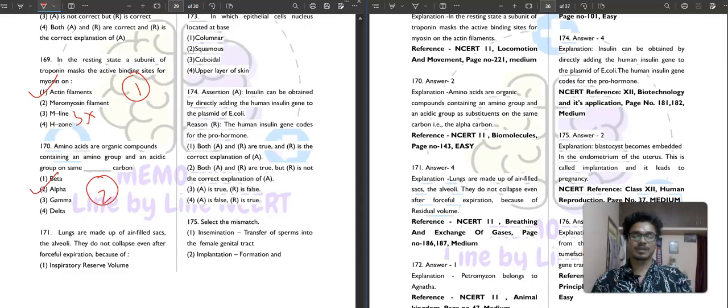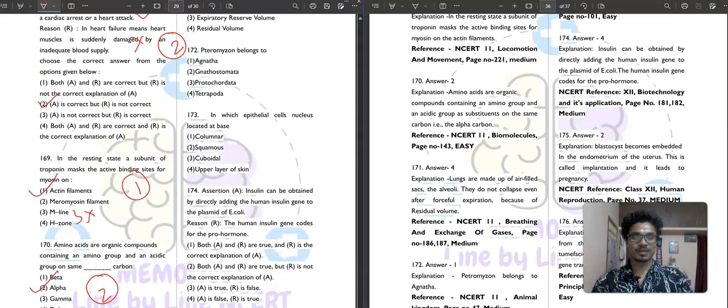I will do forceful expiration, but still my lungs do not collapse. This is forceful expiration. I am trying my best. Still I could not do more than that, and my lungs are not collapsing because of the residual volume present.